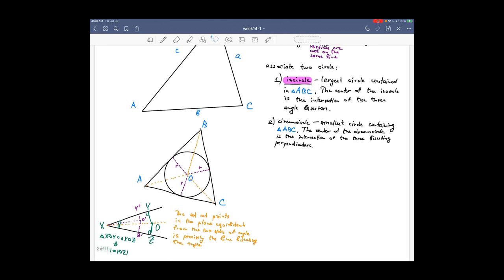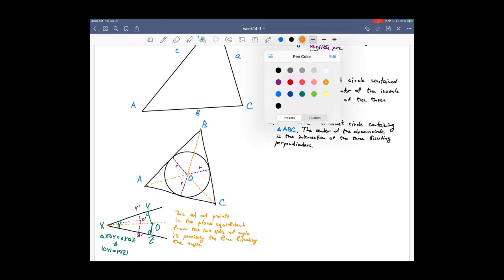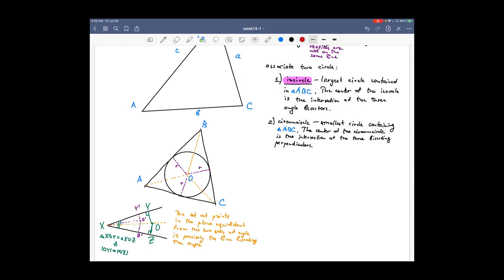Let's explain why. So let me draw a circle, and a triangle inside it.